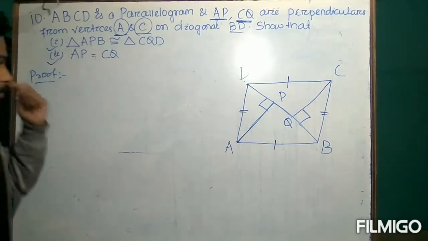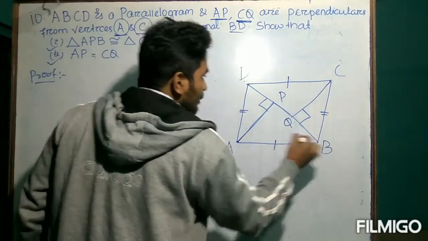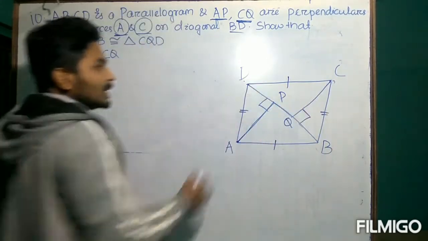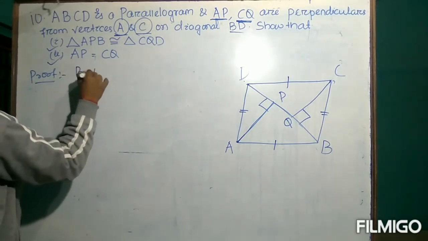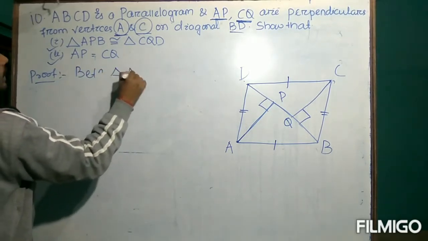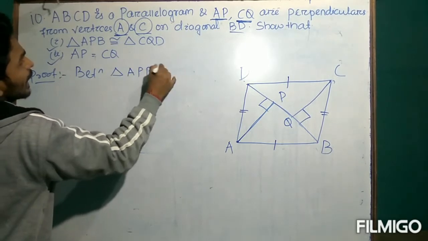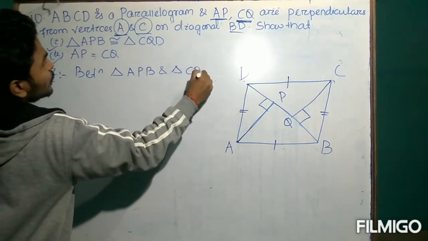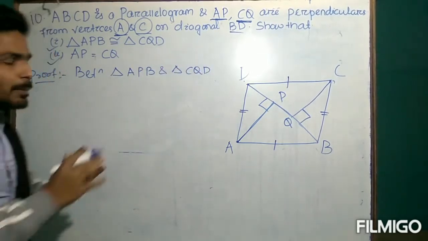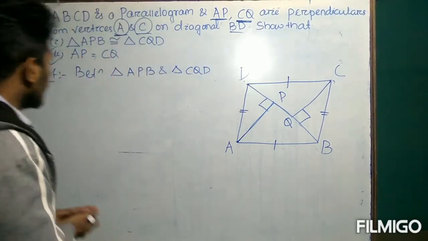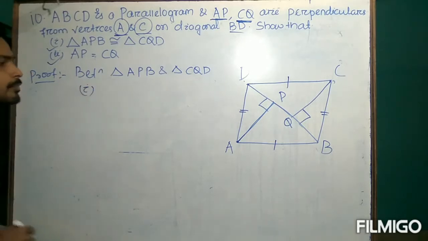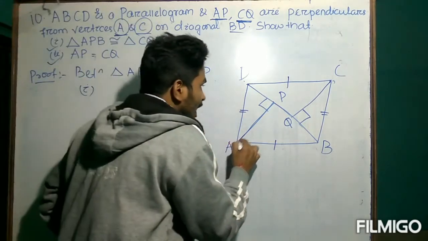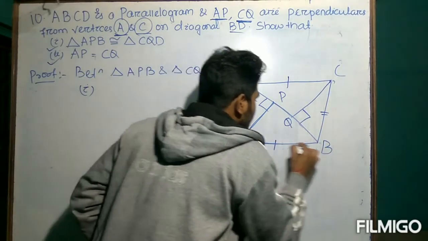So in order to prove triangle APB and triangle CQD congruent, we have to compare them. Between triangle APB and triangle CQD, let's find the three possible conditions. The first condition is, for triangle APB, AB is a side.